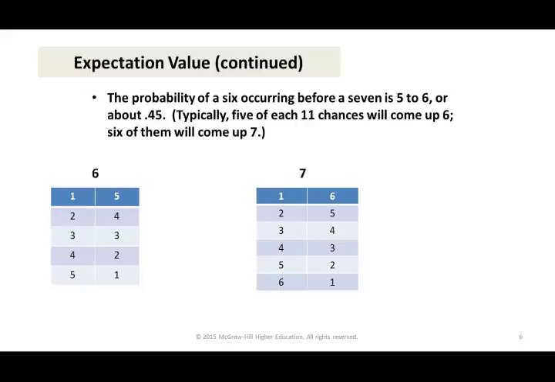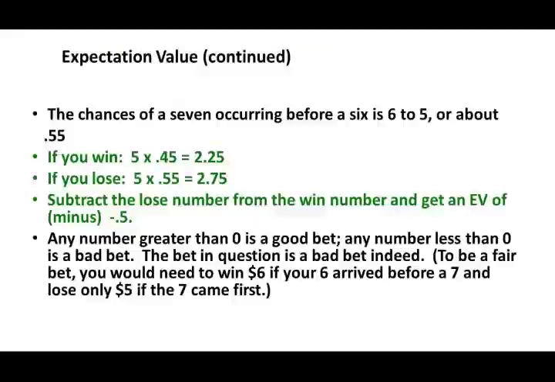So what are the odds that a 7 will come up relative to a 6? Well, the odds are better that you're going to get a 7. How much better? Well, the chances of a 7 occurring before a 6 are 6 to 5, right?